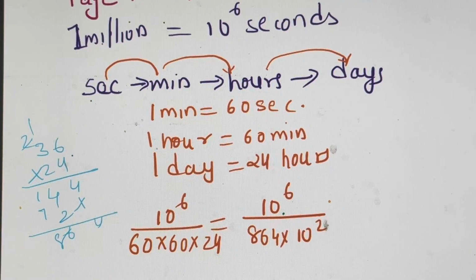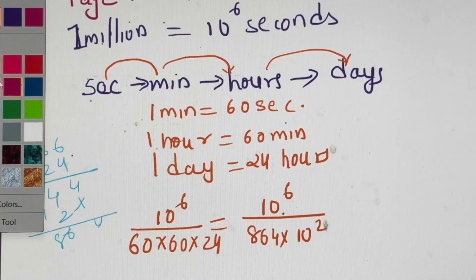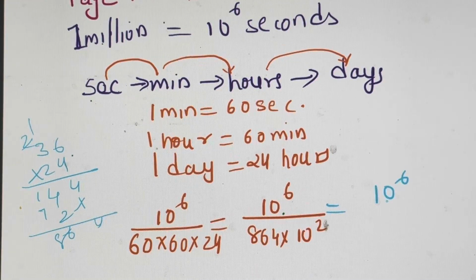Now we write it in scientific notation. We write this as it is and put a decimal point: 8.64. Now there are 2 digits after the first, so this will become 8.64 into 10 raised to 2. Again, 10 raised to 2 is already there.